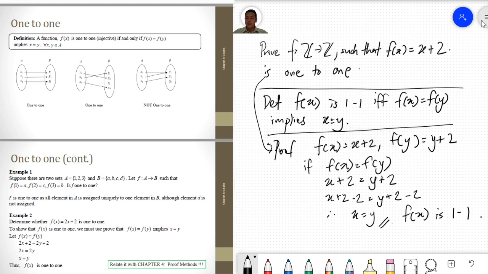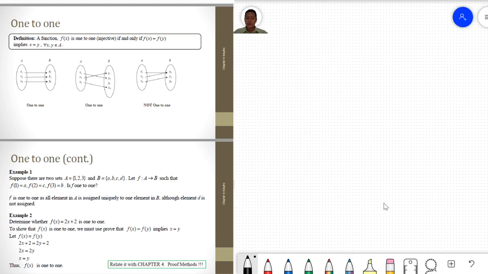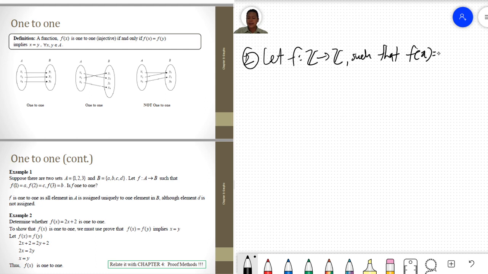Another question right now. That was the question where the function is one-to-one. There is also another function which might not be one-to-one. For example, like this. Let f map Z to Z such that f(x) is given as x squared minus 2, the quadratic function.